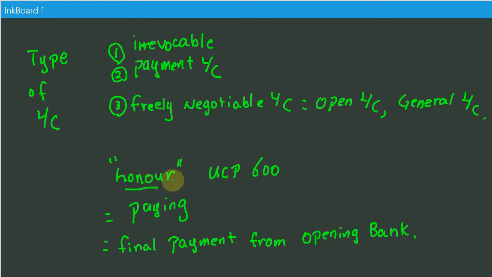So we express the honor in UCP 600, meaning the final payment of the opening bank, or sometimes the final payment of the nominated bank. Okay, the meaning of honor is a final payment.